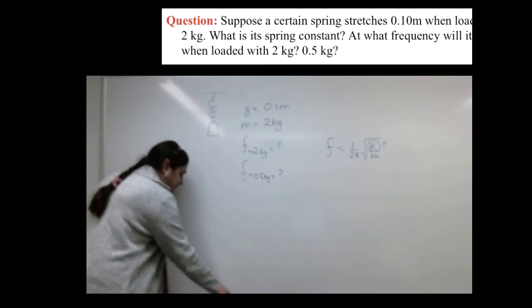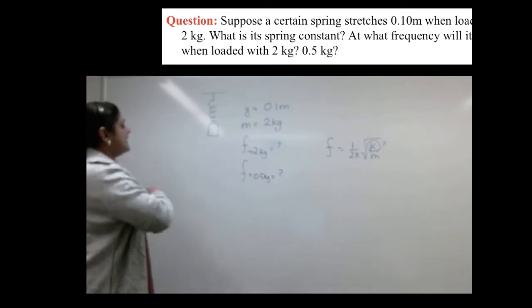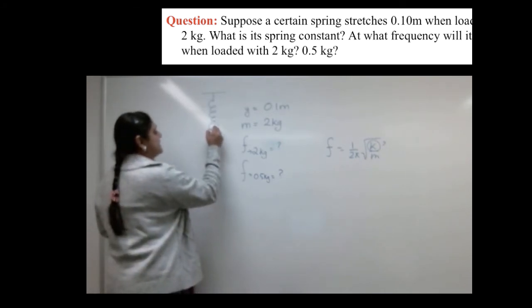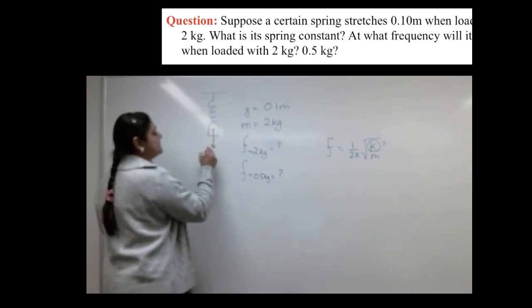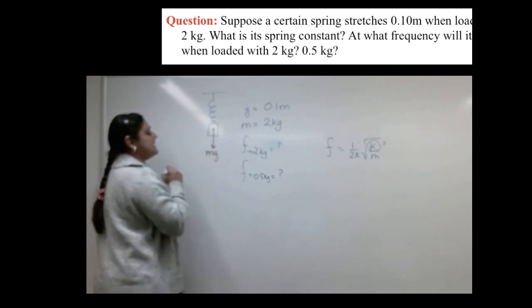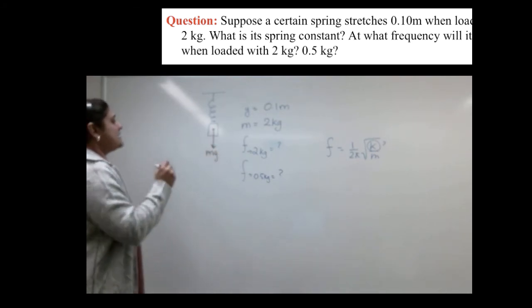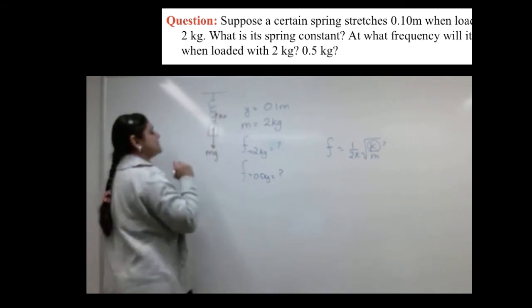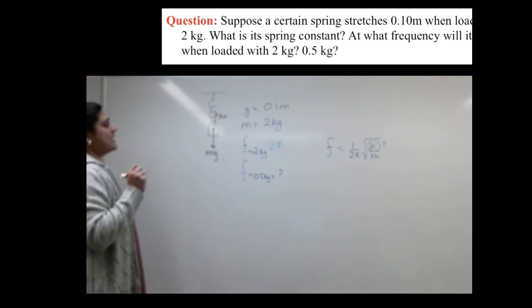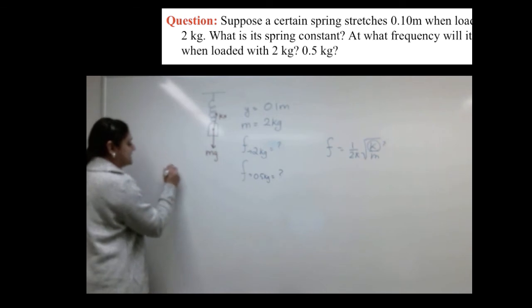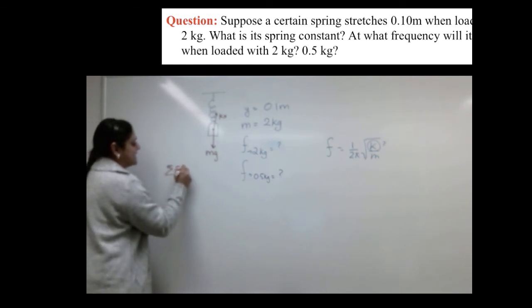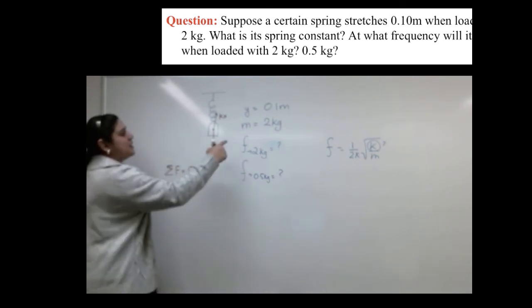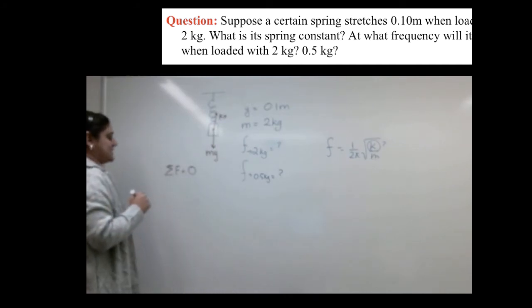What do I know? If I have this mass hanging, it is going to have a weight acting downward, and a spring force taking it upward, which is going to be kx. I know that the net sum of my forces has to equal 0 because the system is at rest.